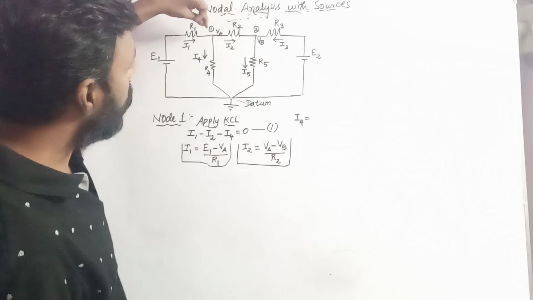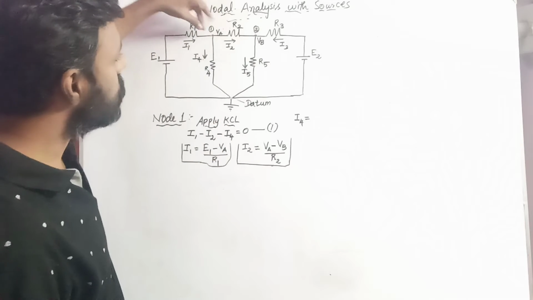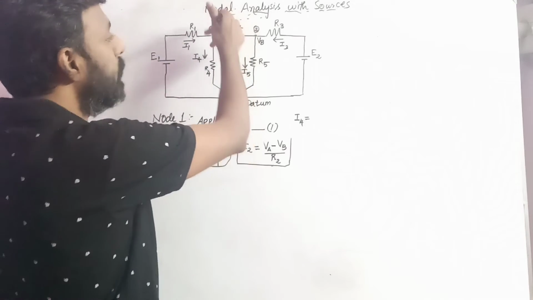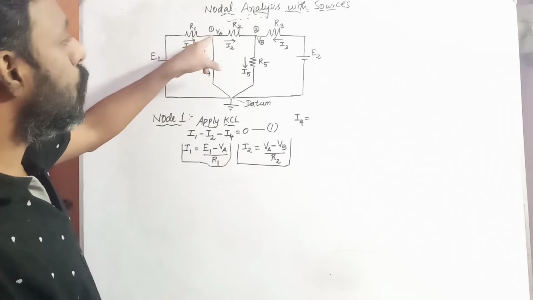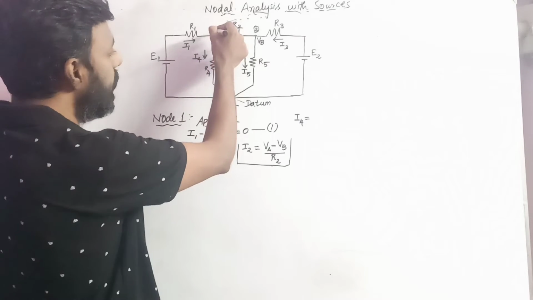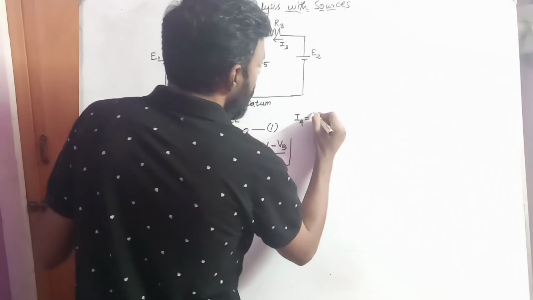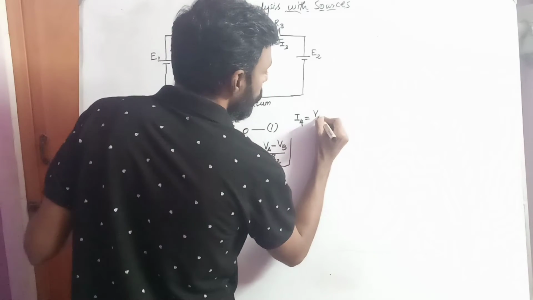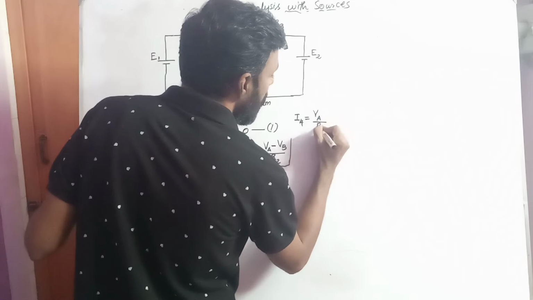The only voltage there is VA, the node voltage at A. So I4 is equal to VA divided by R4.